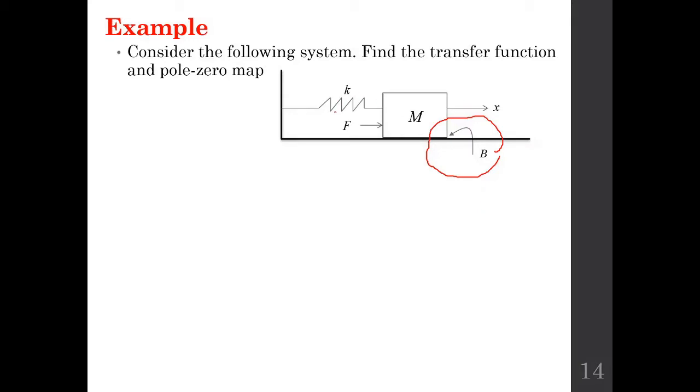Apart from this spring and the applied force, you also have the friction due to the surface. So in that case, your free body diagram will be changed a little bit, because you will have an additional opposing force due to the friction from the surface.